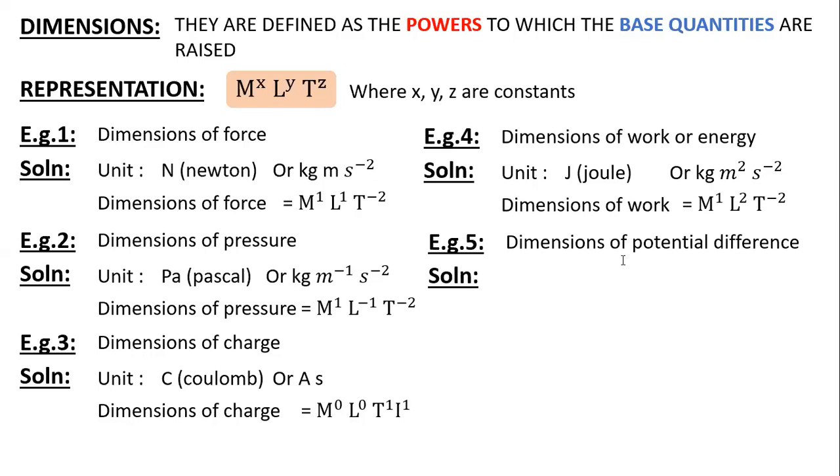He is just defining that potential difference, whose unit is volt, is work done per unit charge. So it is written as work per charge. In terms of unit, volt will be written as joule per coulomb.